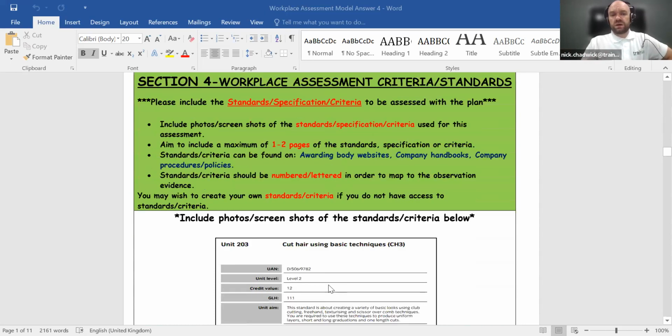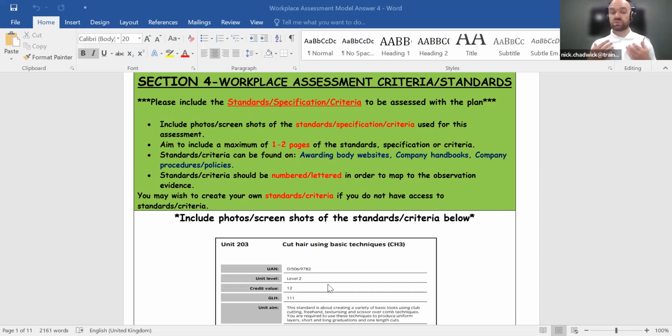Section 4, as we know, is including the criteria or standards to be used with the assessment plan. So the criteria or standards is very much information on what you're using to make a judgment call when observing the learner.